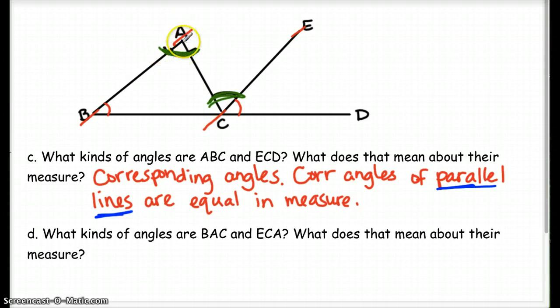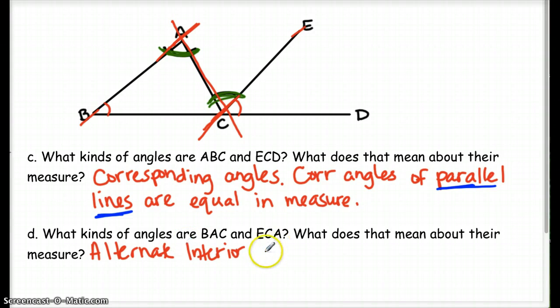So if you notice, here's your transversal right through here. Okay, they are on opposite sides of that transversal, so alternate sides, but they're on the inside of the parallel lines. So that would be alternate interior angles.